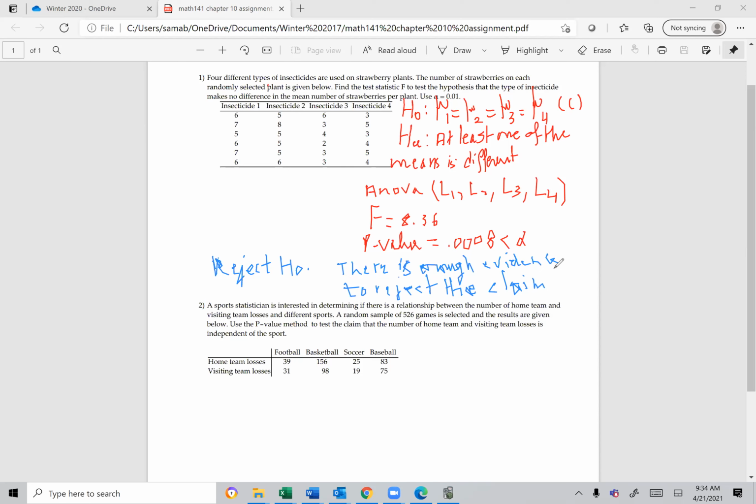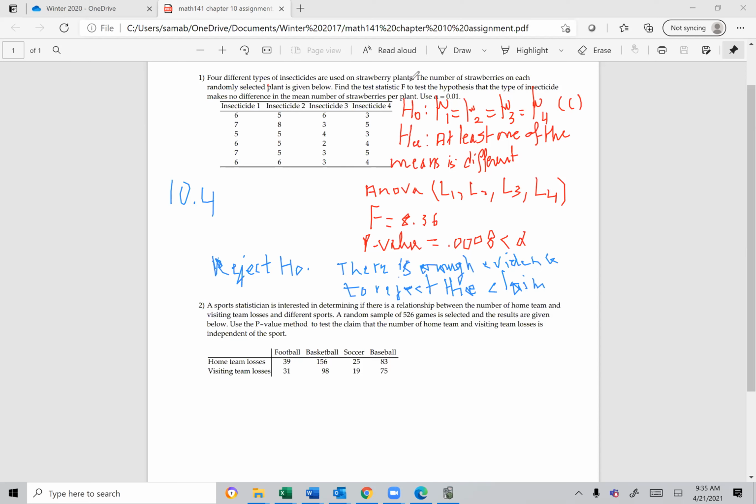Any questions about this question? This question covers everything that you need to know in section 10.4. So in 10.4, guys, when you set up the hypothesis, you're going to put HO mu1 equals mu2 equals whatever, however many means.